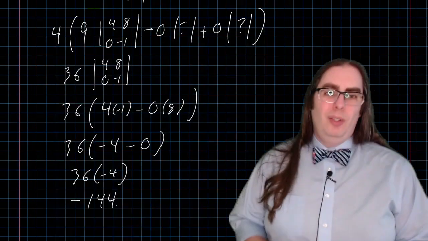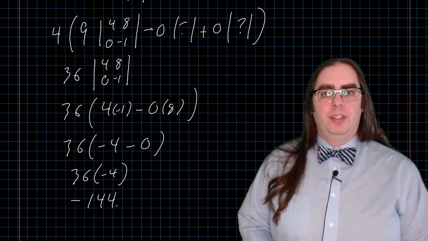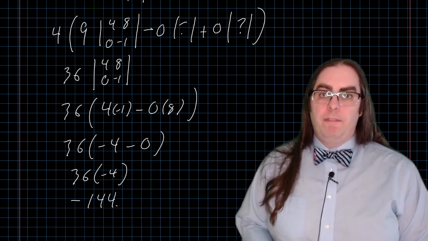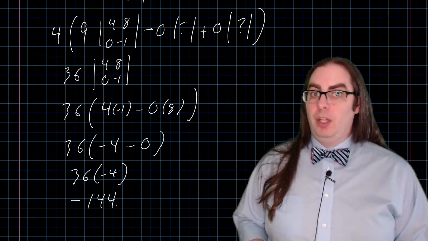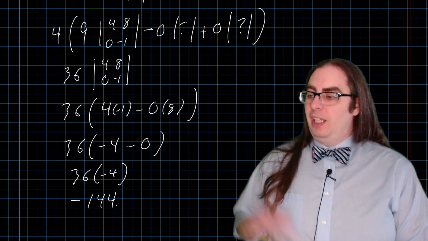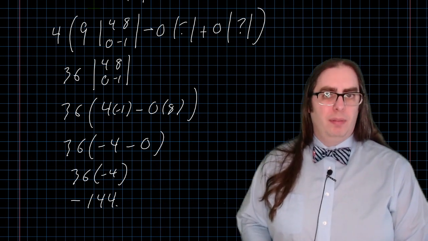All right, use zeros to your advantage. If you can find a row or column that has a bunch of zeros, find a way to get there and expand on that row or column and save yourself a lot of effort, especially as the matrices get bigger.